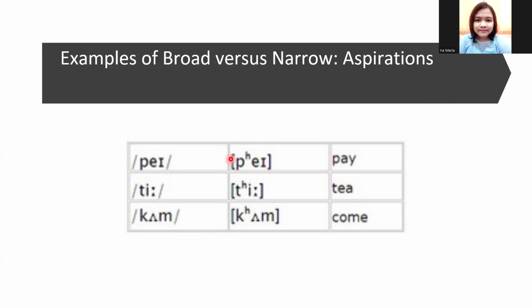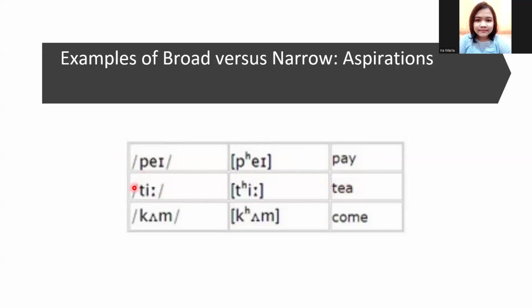Just like this, if you see here the word pay, this is the broad transcription, and this one is the narrow transcription. Because p is a plosive sound with aspiration, that's why you need to add the superscript H here for the word pay. And it's also the same with T because it is plosive.